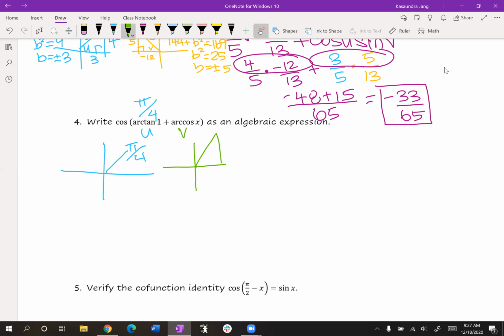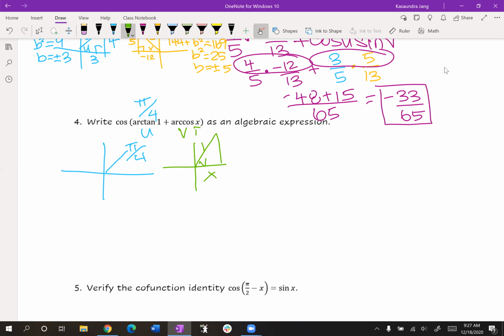For my angle v, cosine is adjacent over hypotenuse. I'm going to treat it as arc cosine of x over 1. So my adjacent would then be the x, and the hypotenuse would be the 1. There's my adjacent over hypotenuse.